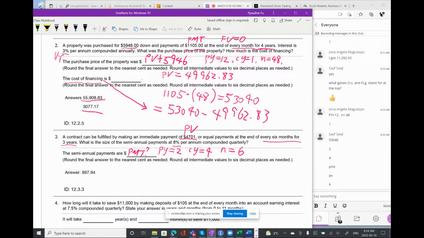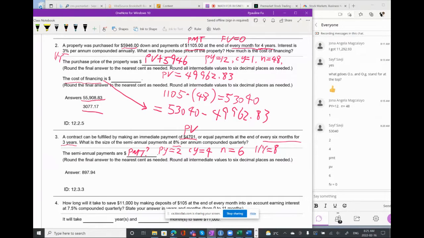Okay, and what is IY? IY is 8%. So this 8%, IY is 8. Okay, so we have all the numbers we have, but we need 4 numbers. We just know PV, we know term N, we know IY. What is the 4th number we need to enter into the calculator? FV 0, yes, FV is 0.